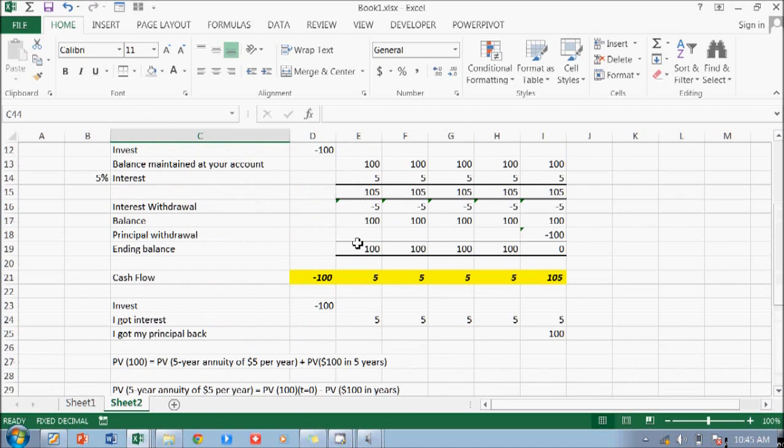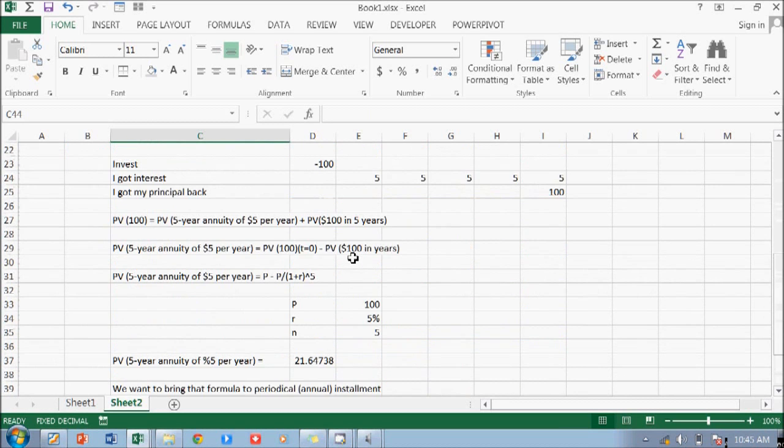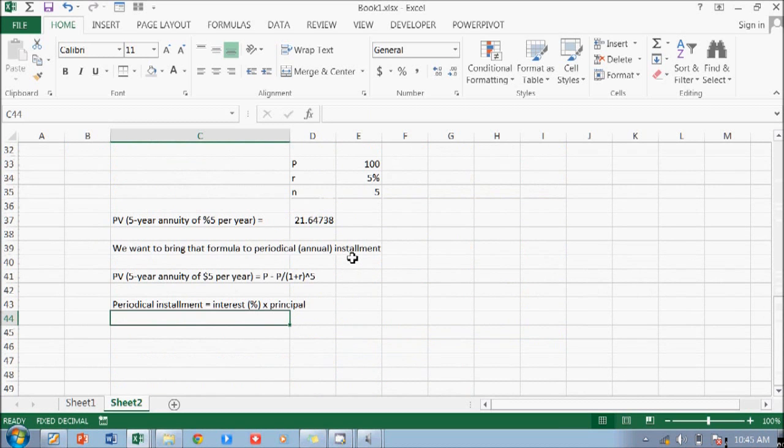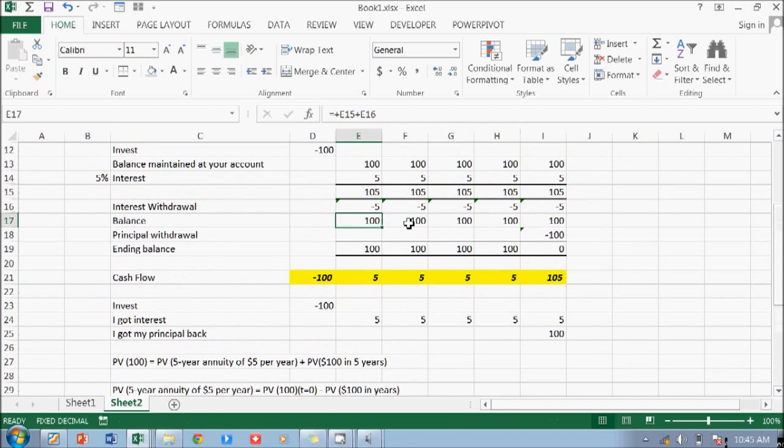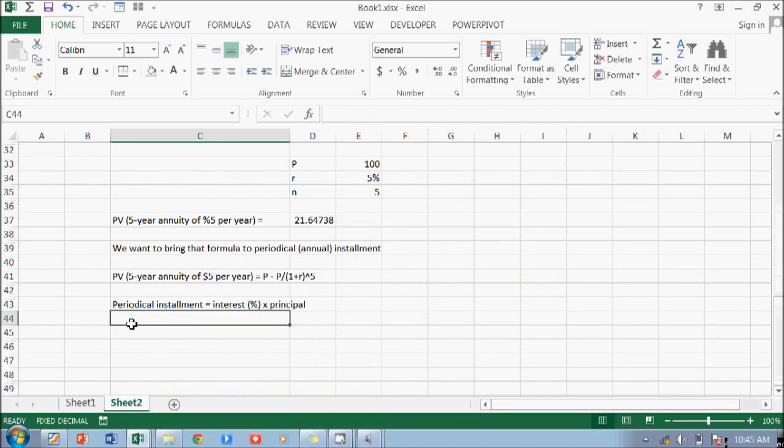Because if you go back to here, you got $5 here. This is your annuity, right? You have 100 that you have to reinvest every year. So your periodical installment, I will put it as annual.